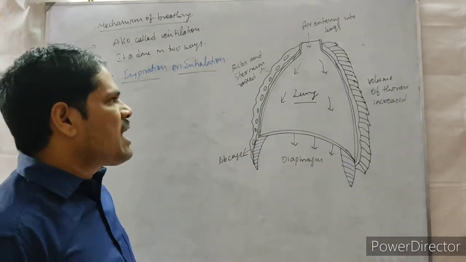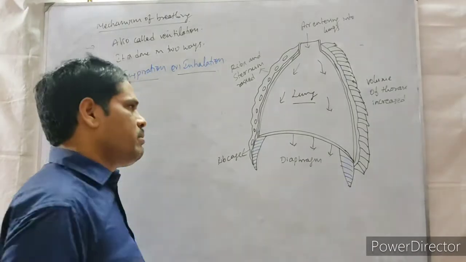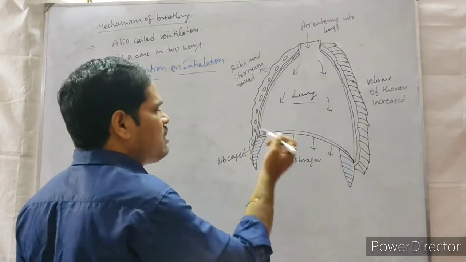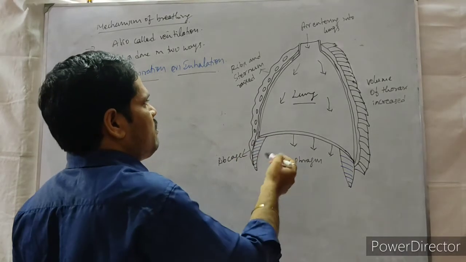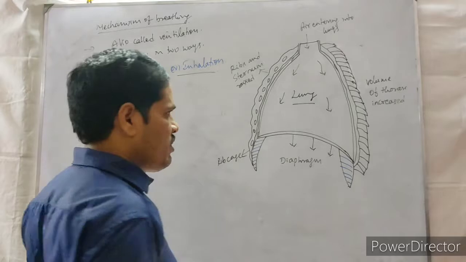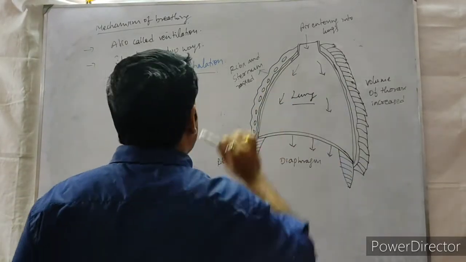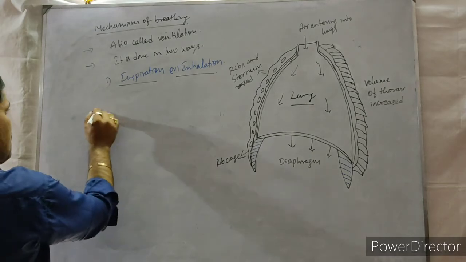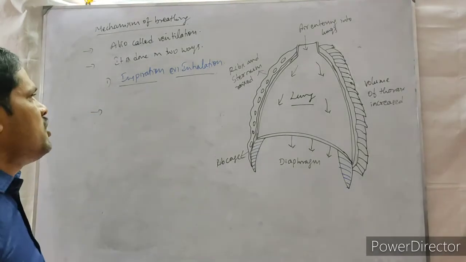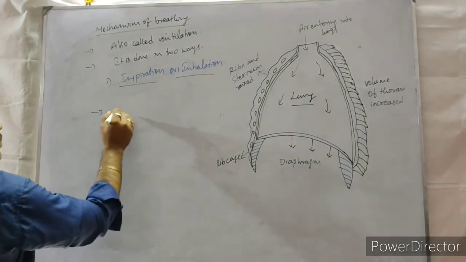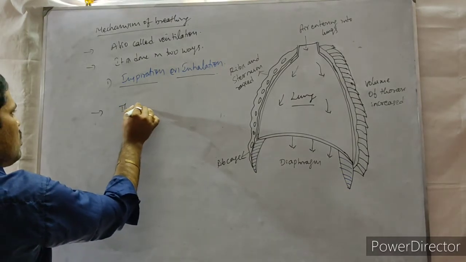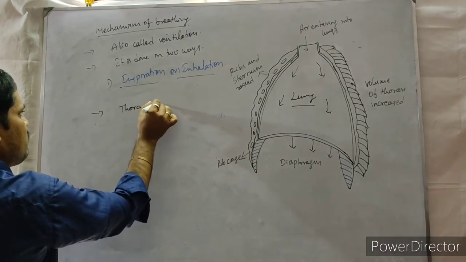Here, the thoracic cavity and diaphragm play the major role. So, what are the parts involved in inspiration? The first one is the thoracic cavity.